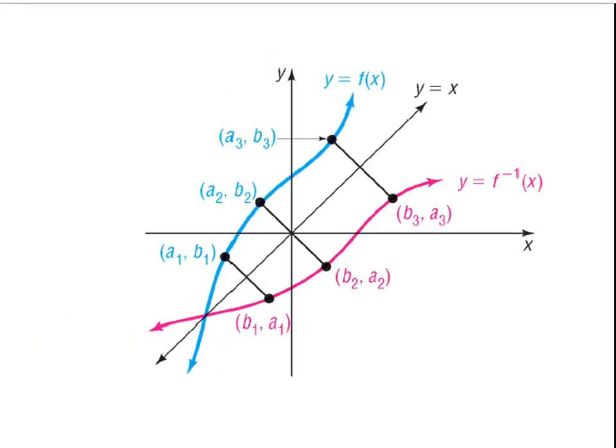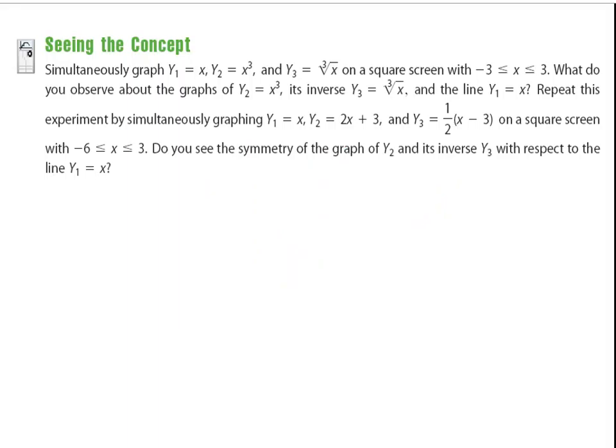So here's a visualization with multiple points. So let's say this blue graph is the graph of a function f of x, and if I take the x and y values and interchange them, I'm going to create the function f inverse. So here's the inverse function, and it will be the mirror image. It's symmetric to the function f over the line y equals x.